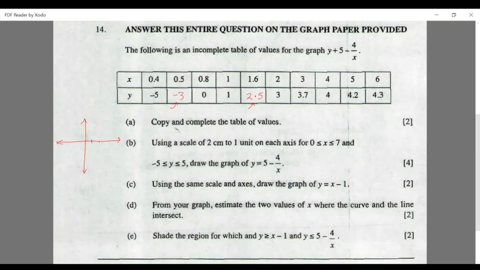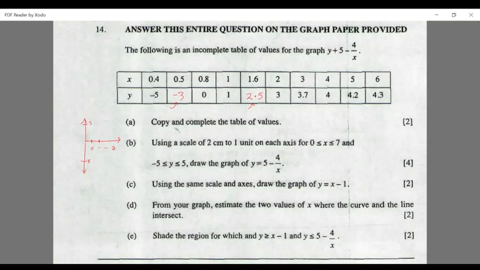Obviously for this problem you want to go from 0 to 7, and you can probably use the whole paper provided for that. And then for y you want to go from negative 5 to 5. Your paper most likely doesn't even include this side, it just has this.